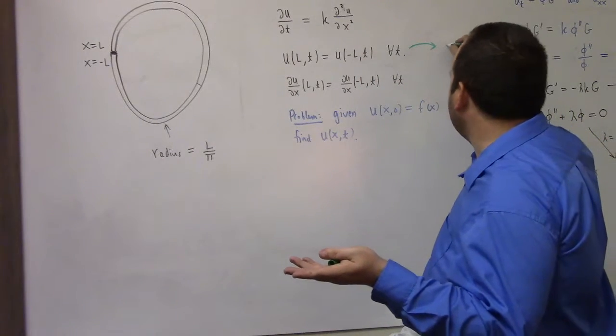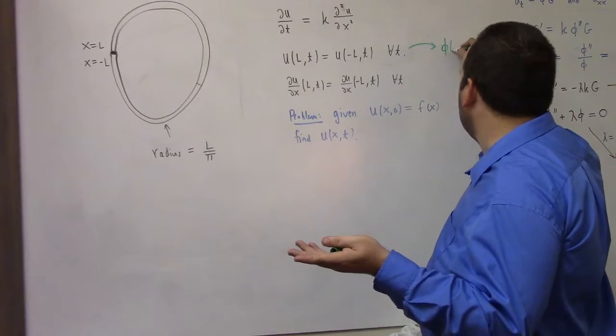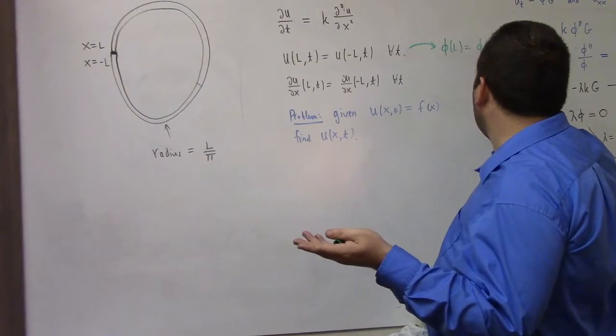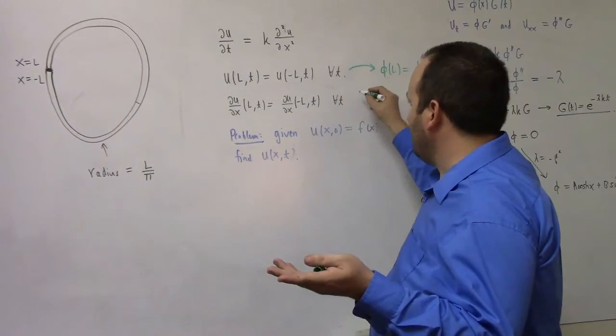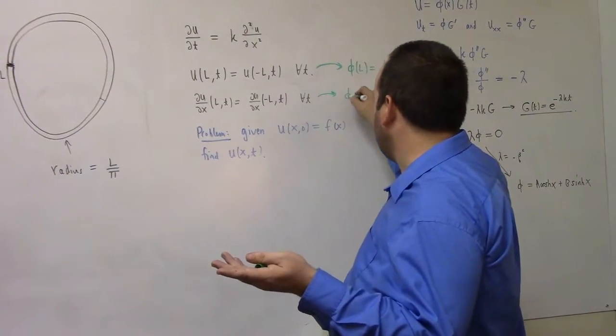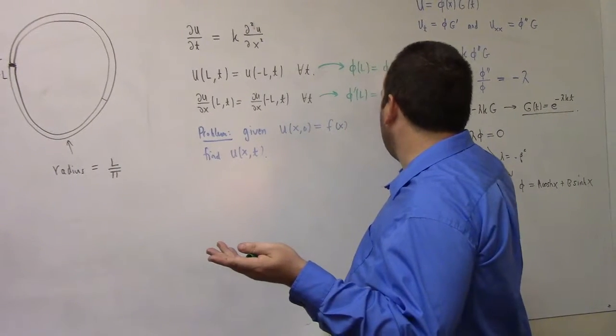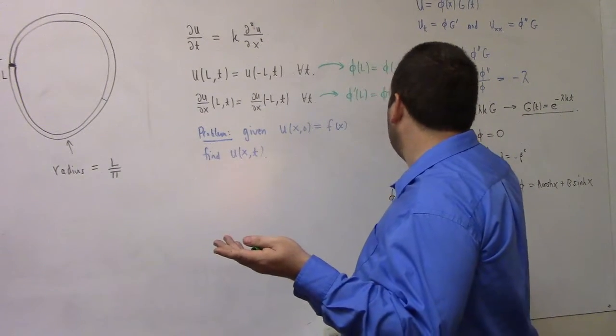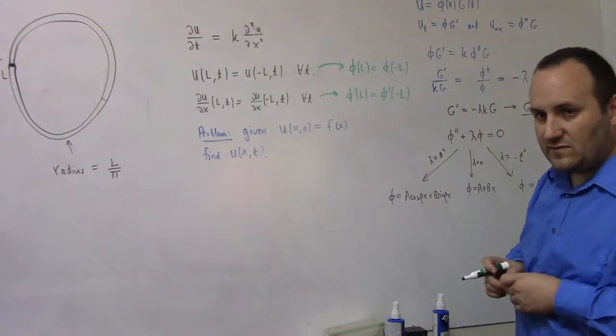So this just translates into the corresponding boundary condition, phi of L is equal to phi of minus L. And this of course translates into phi prime of L equals phi prime of minus L. So you've got this pair of boundary conditions.